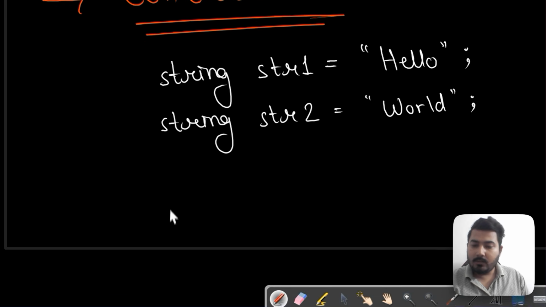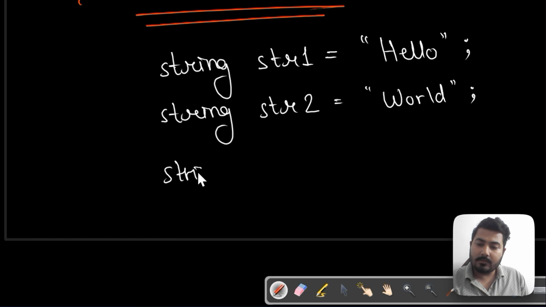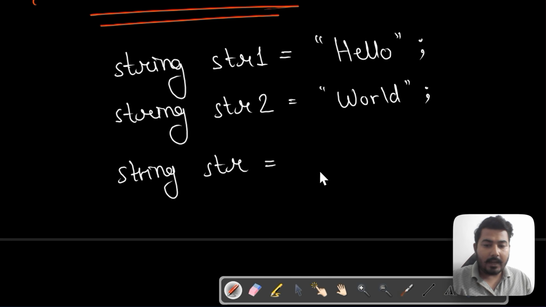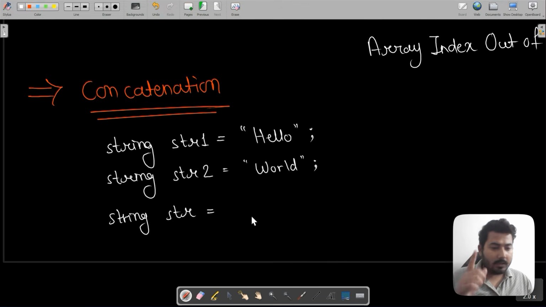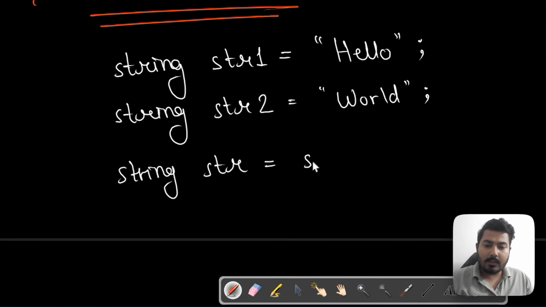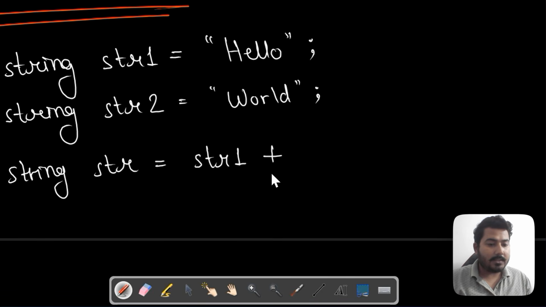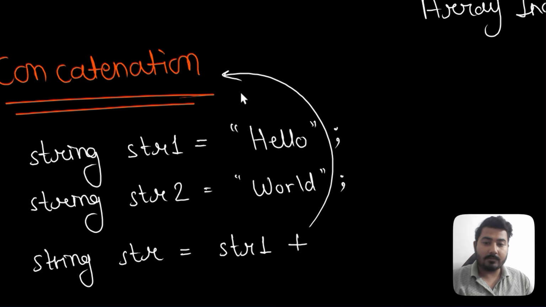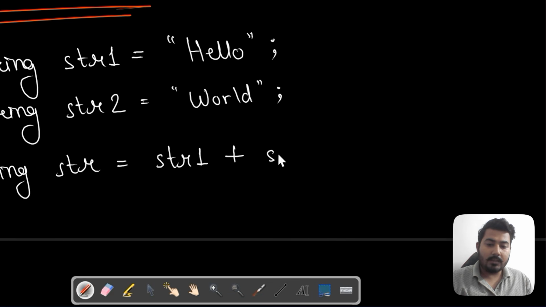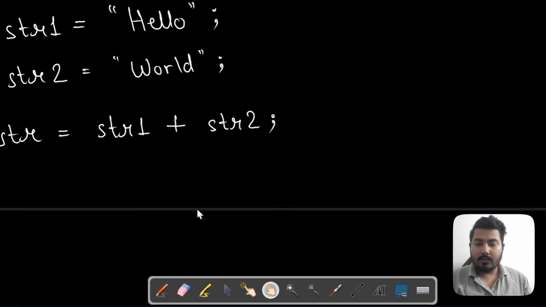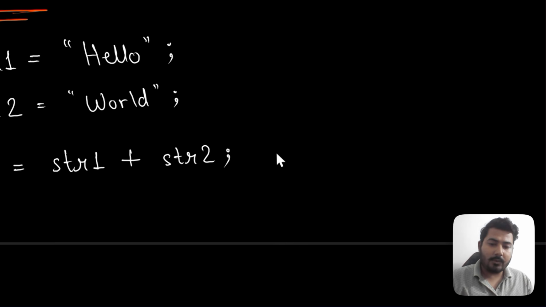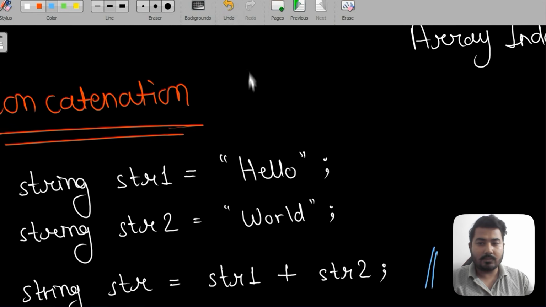What you can do is create a third string. Let's call that one str, and in that one I am not going to put some value. Instead, I'm going to use str1 plus str2. In string, when you use a plus sign, that is the sign of concatenation. Can anyone guess what is going to be the output for this particular string str?